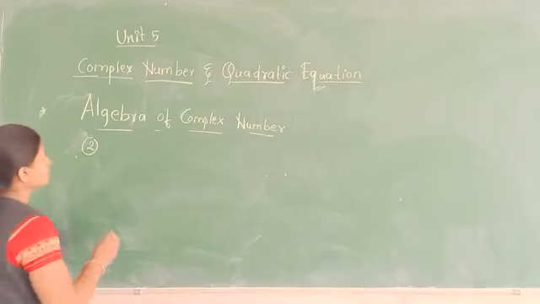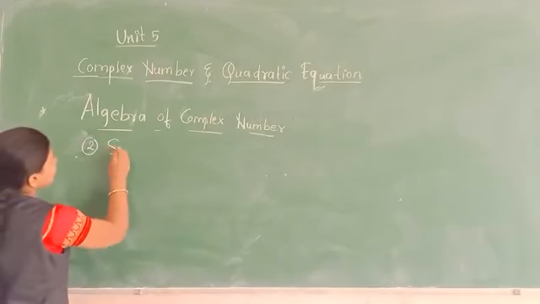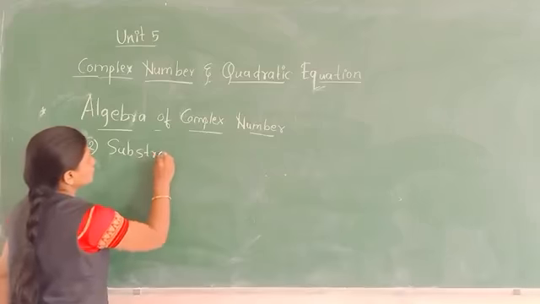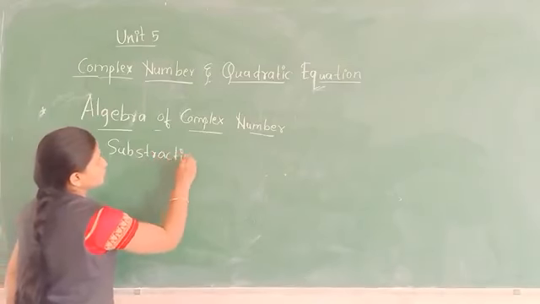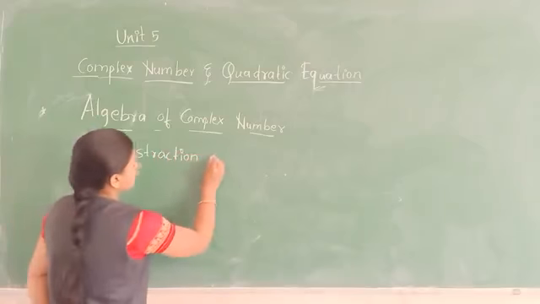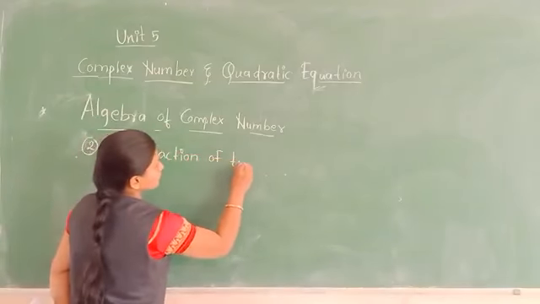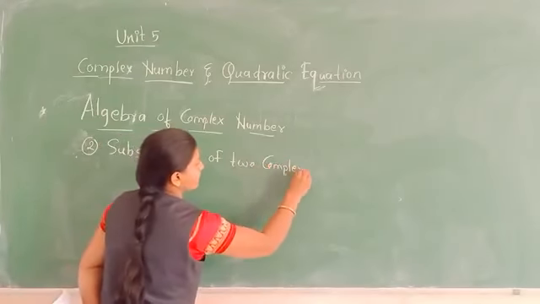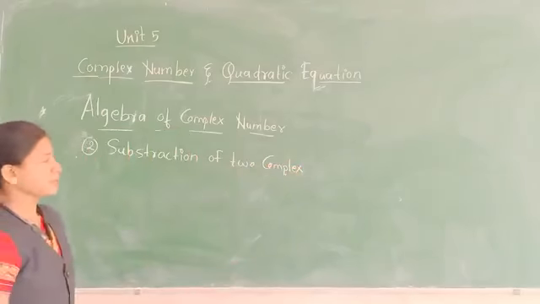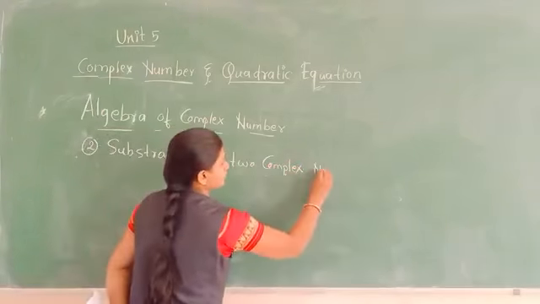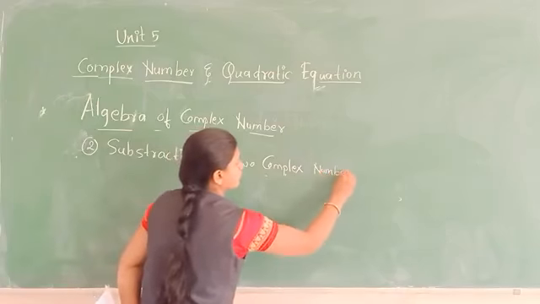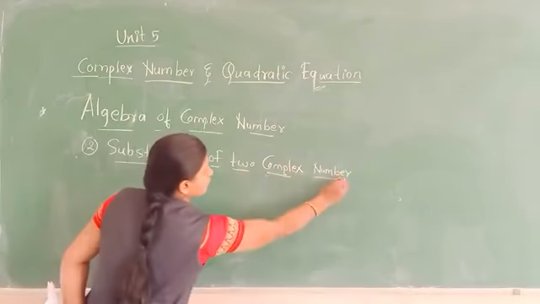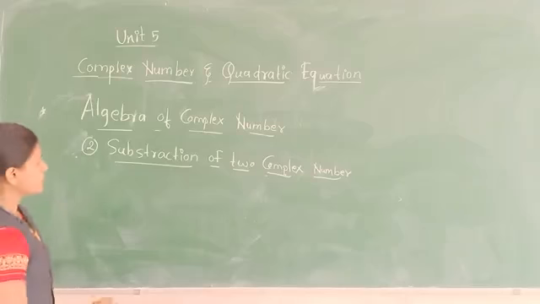The second operation in the algebra of complex numbers is subtraction of two complex numbers. Here we consider two complex numbers.